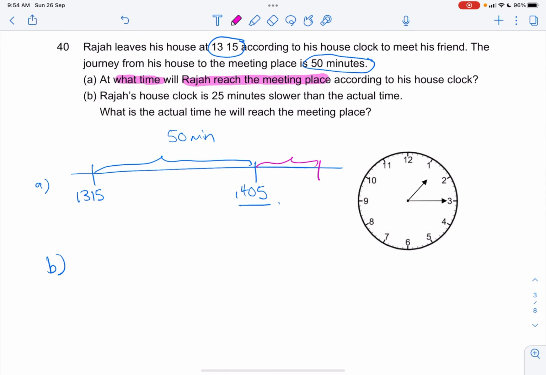Okay, so 25 minutes for B, and it will be 14:30. So for B, he will actually reach the meeting place at 14:30 hours, although from his own clock he will think that it is 14:05. So he will actually be 25 minutes later than he thinks he is.